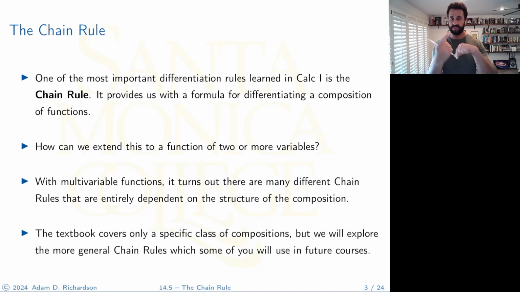They can be all sorts of crazy things. Some of you will actually study something called graph theory, and this is where you would need something like that. Anytime you want to talk about a more interconnected web of vertices and edges and nodes, and you want to talk about differentials going between all these things, you would need this more general chain rule theory.